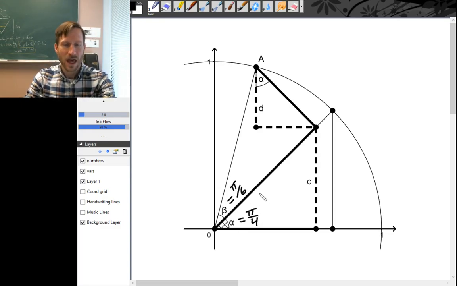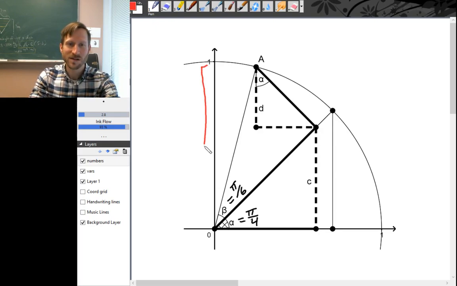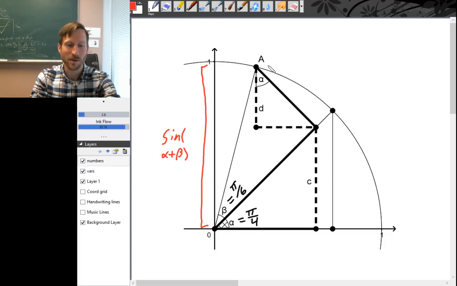Okay, and we are looking for sine of alpha plus beta, and that's going to be the y-coordinate of A. So that's this vertical distance here. So sine of alpha plus beta, and that's the y-coordinate of this point A up here.